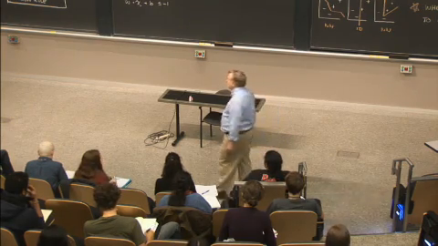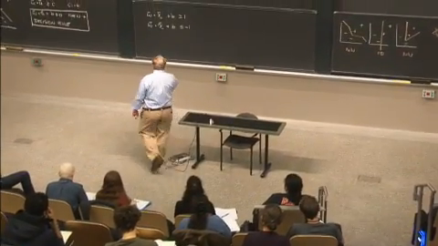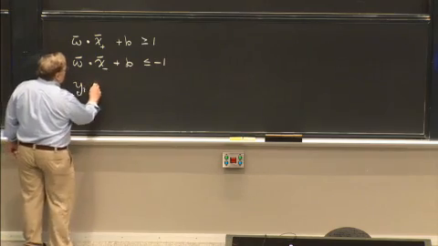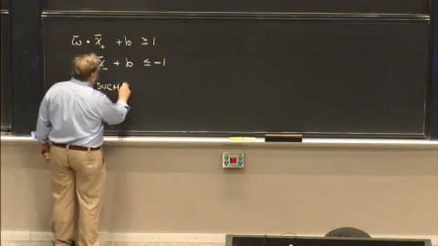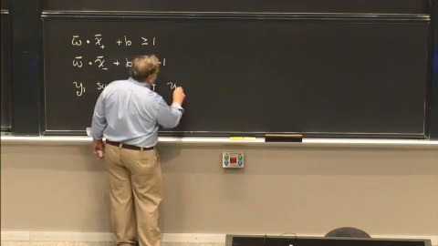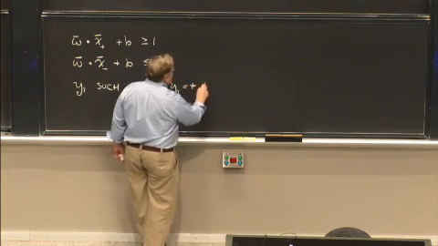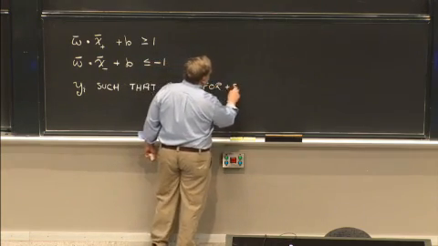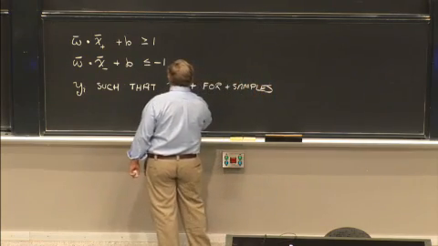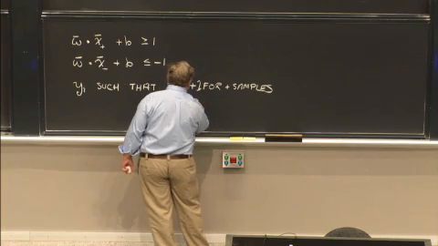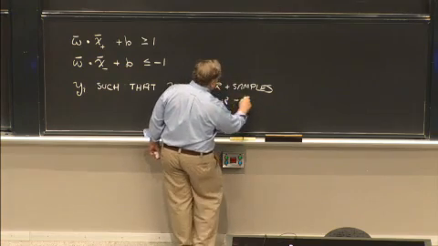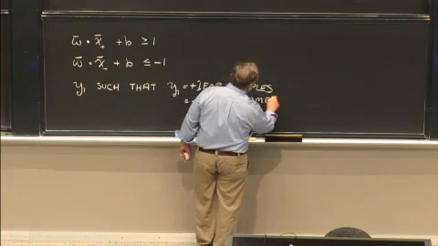It's a mathematical convenience. So we're going to introduce a variable y sub i such that y sub i is equal to +1 for plus samples and -1 for negative samples.